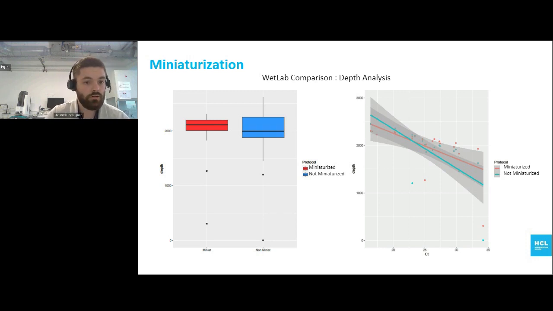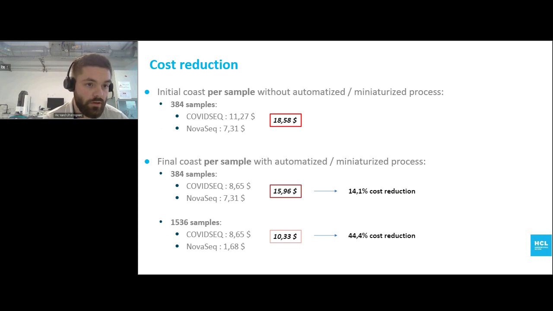So next, we're going to talk a little bit about cost reduction. Obviously, by miniaturizing the process, we are using less buffer, less reagents, etc. The initial cost per sample with the manual process was around $20, considering the COVID-seq price of around $11 and the NovaSeq price of $7 per sample, using a 384 samples library.